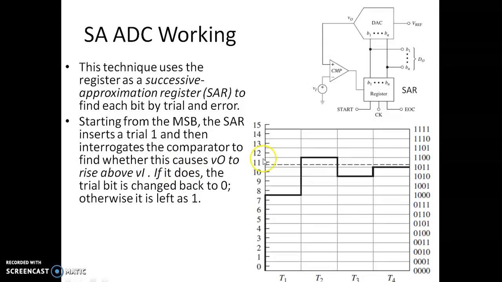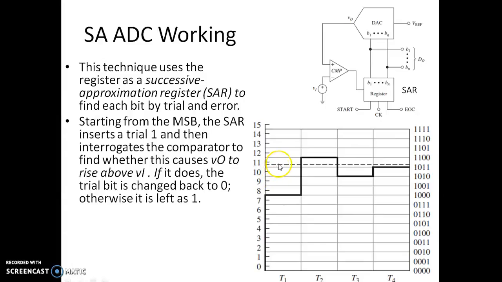Now you can see we have this dotted line as the input voltage that is applied, and we are getting this dark line which is the V naught corresponding to this 1000. So corresponding to only MSB 1, we have an output voltage of the DAC over here, whereas the actual input voltage is the dotted line.